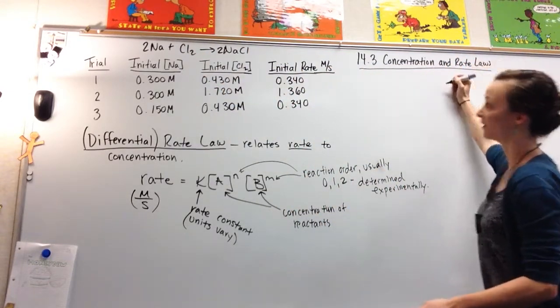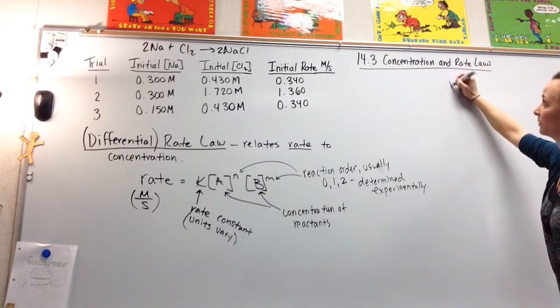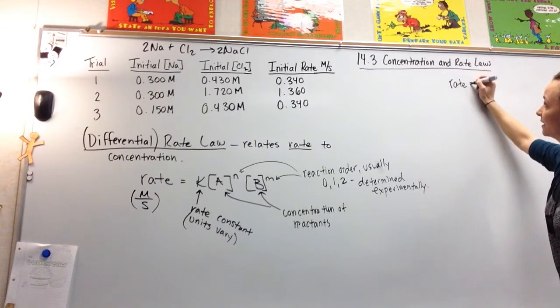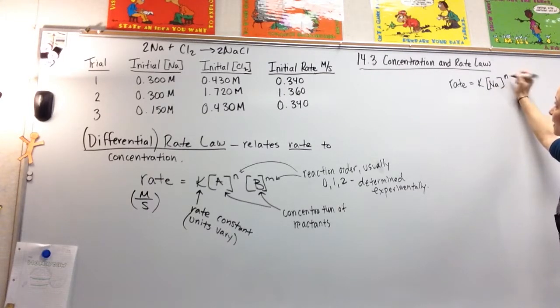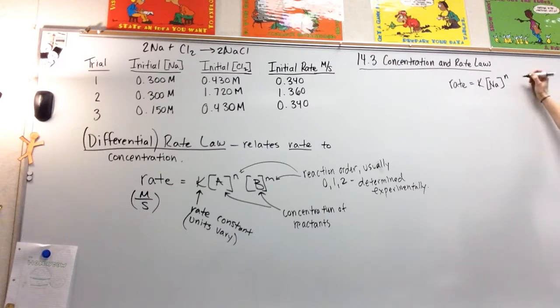So the rate law for this reaction would be rate is equal to K times the concentration of Na to the N power, times the concentration of Cl2 to the M power. Okay, and our job is to figure out what the numbers for N and M are.